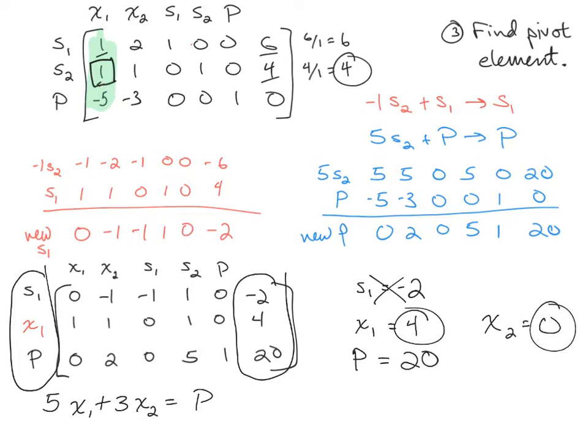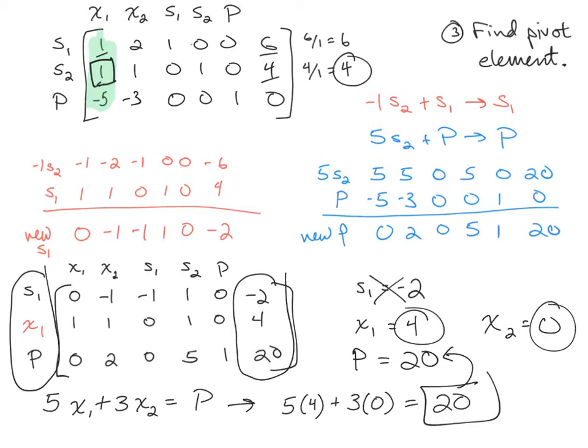If you substitute those values into this equation, it'll be 5 times 4 plus 3 times 0 is 20, just like we said it was going to be. So 4 units of whatever x sub 1 is will maximize our profit here.